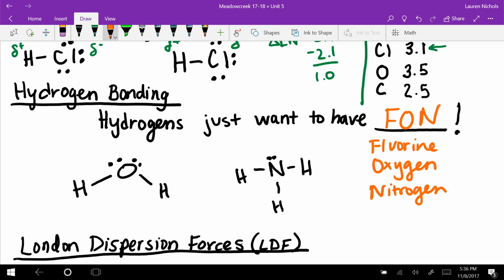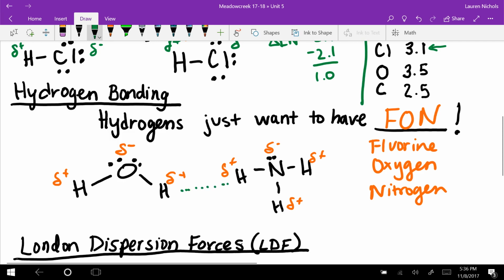Because if we look at oxygen, oxygen is going to be partially negative. Hydrogens are, again, partially positive. And nitrogen will be partially negative, so you're going to see a strong attraction. And because oxygen, fluorine, and nitrogen are very small, they can get really close together.